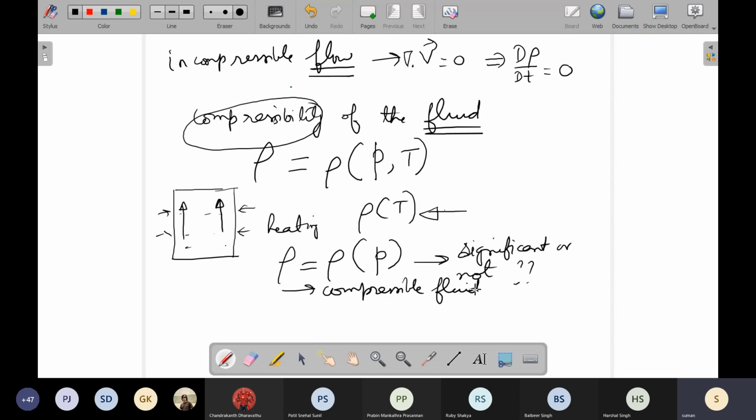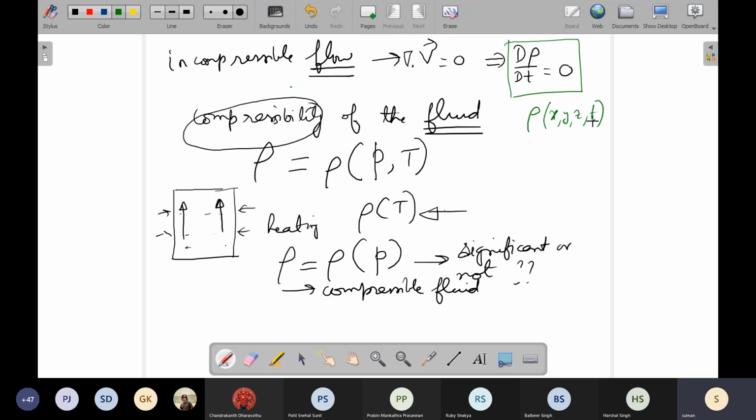What is the connectivity? Look at the total derivative, which relates to density as a function of position and time.